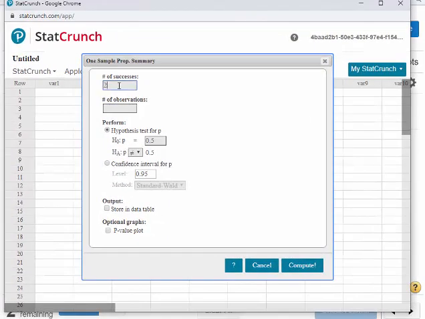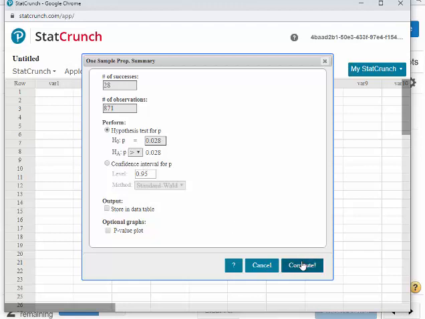So 28, and the number of observations was 871 patients. We're performing a hypothesis test to see if p is equal to 0.028. And our alternative is that with this specific drug, we're going to notice a higher proportion of people who experience these flu-like symptoms as a side effect.